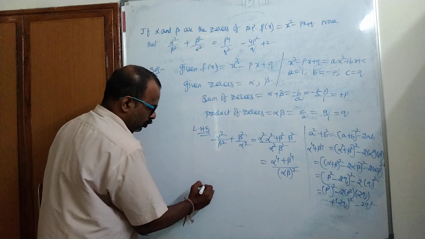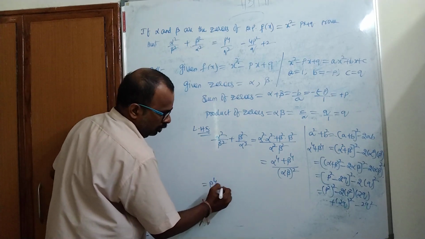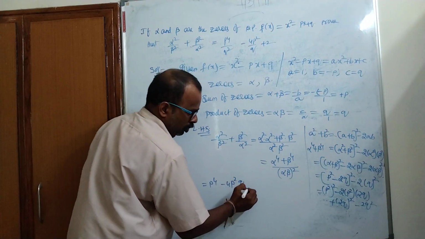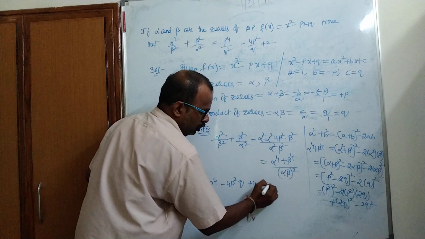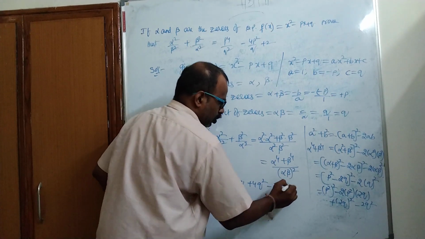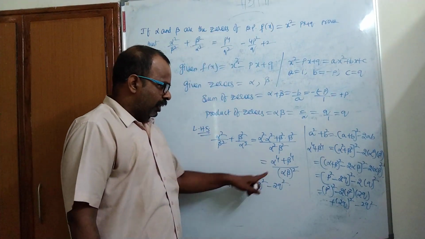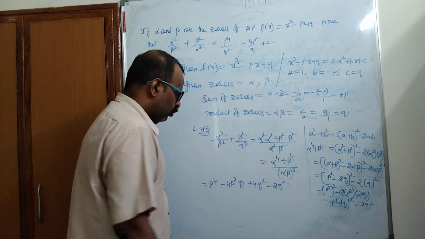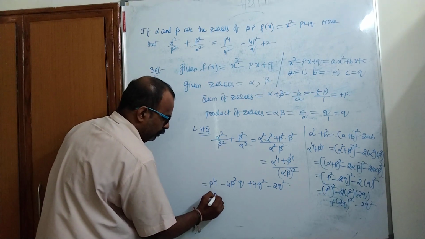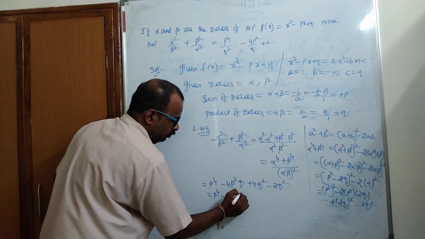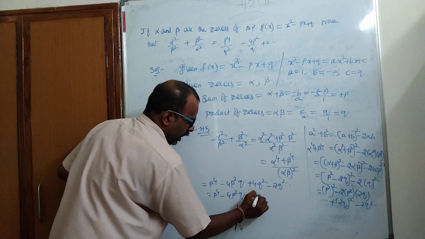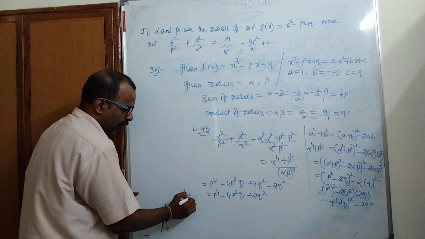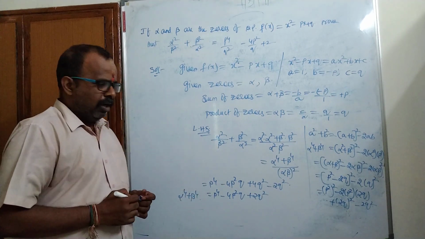So that is equal to p power 4 minus 2 twos are 4 p square q plus 4q square minus 2q square. Still we are finding only the numerator. Remember, we are not solving the entire problem. So that is equal to p power 4 minus 4p square q plus 2q square. This is our numerator, alpha power 4 plus beta power 4.